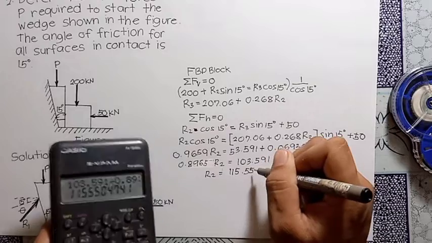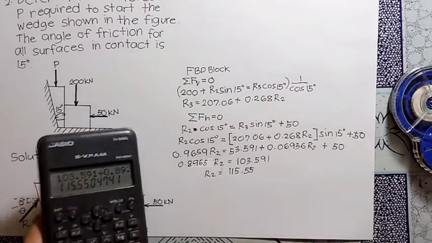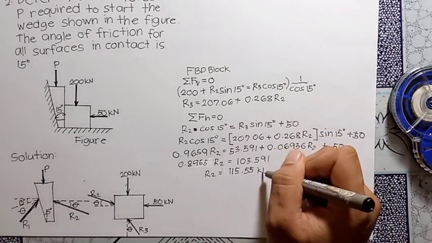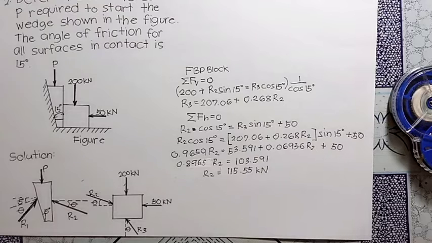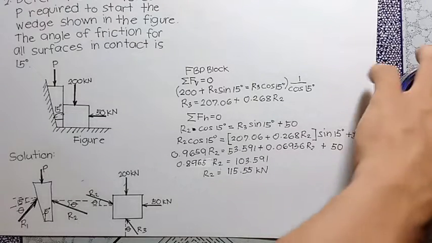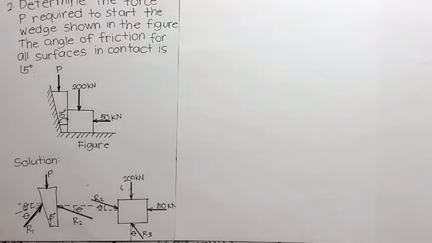Now we have found the value of R2, which is 115.55 kilonewtons. With this value, we can now solve for the force P using the free body diagram of the wedge.